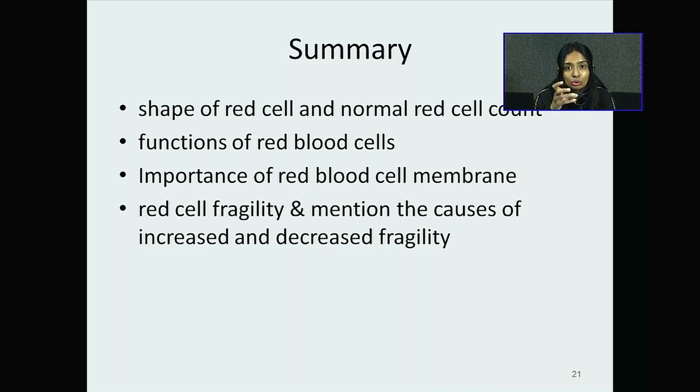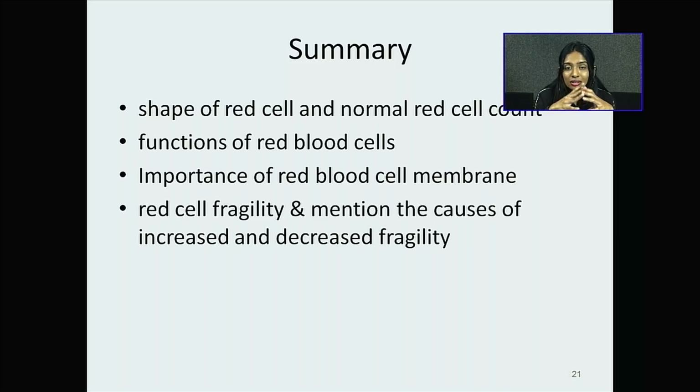Now infants also have more RBCs compared to normal adults, because adult hemoglobin is different from the hemoglobin present in infants, that is fetal hemoglobin. Fetal hemoglobin has a tendency for more affinity for oxygen. So if fetal hemoglobin has more affinity for oxygen, the bond of hemoglobin with oxygen will be tighter and stronger.